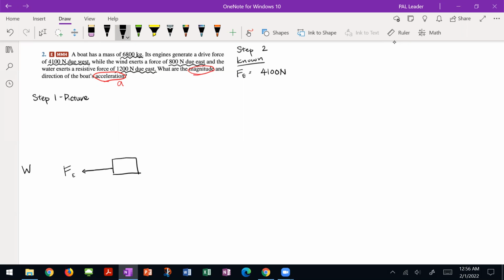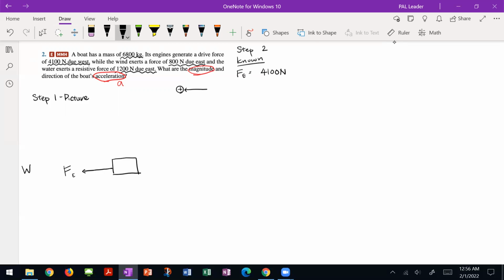Now, before I continue, I want to make sure I know which direction I'm going to set as positive. Usually, up and right has been the positive, but since we seem to be going west, to the left, let's make that our positive. Switch it up.